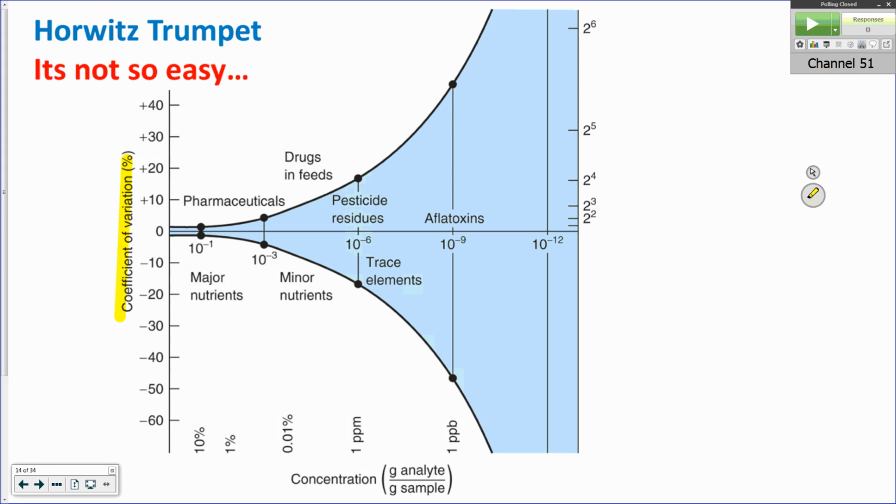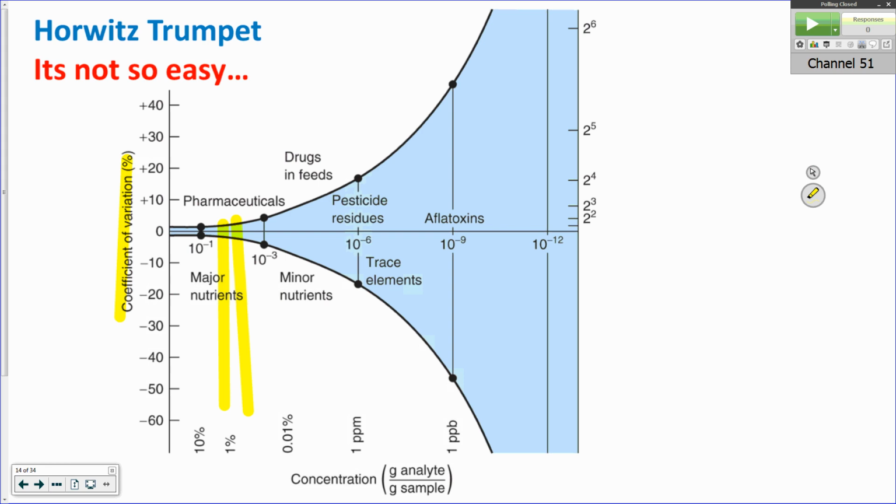It shows how much that can vary based on the concentration for what we expect to see for analytical methods. Now, we're working at high concentration, so things at the percent level and higher, and even down to maybe 0.1%. So I expect to see CVs in the 1%, 2% range, and we're really happy with that.